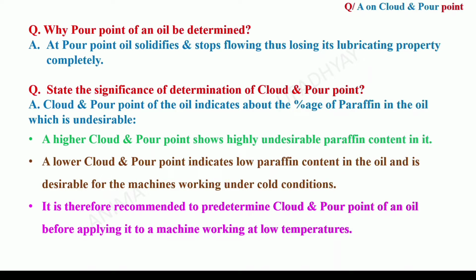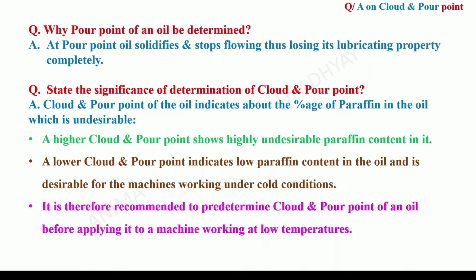State the significance of determination of cloud and pour point. Cloud and pour point of an oil indicates the percentage of paraffins present in the oil, and the paraffins are undesirable. So, a higher cloud and pour point shows a high percentage of paraffin, which is highly undesirable.